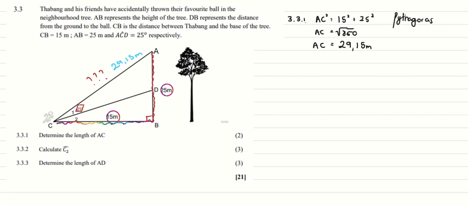Calculate angle C2. Now angle C2 is down here, okay, and it's in a smaller right-angled triangle. So let's just take a second and see where we have right angle triangles.